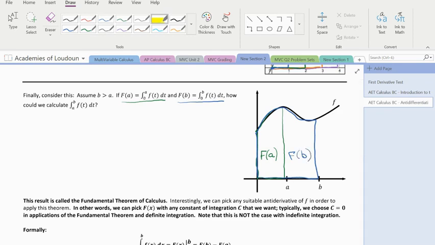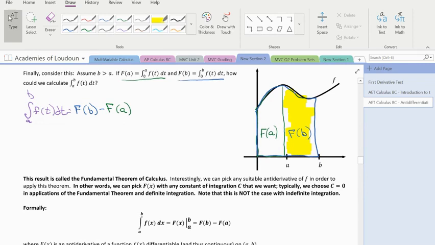And it should be fairly obvious to see that this area in between, so the integral from a to b of f of t dt, is going to be capital F of b minus capital F of a. This result is called the fundamental theorem of calculus.